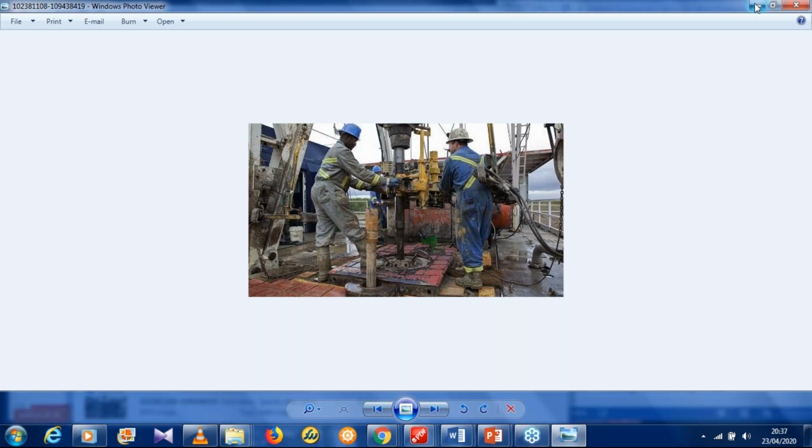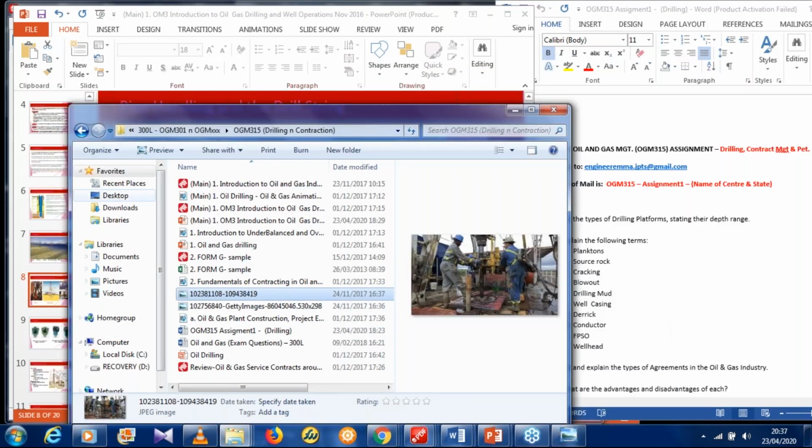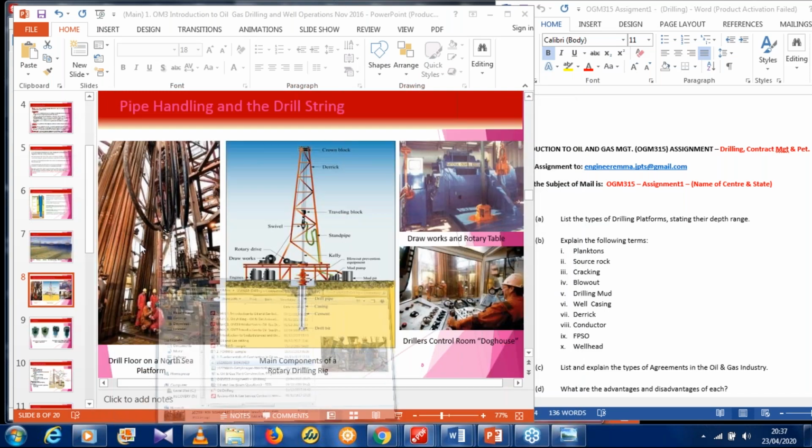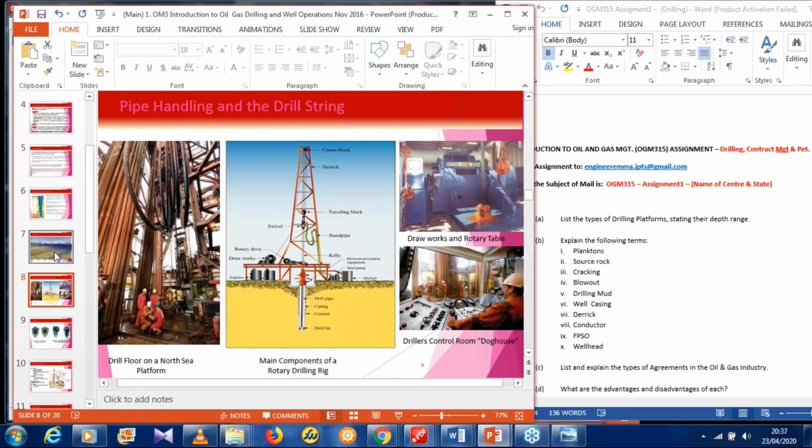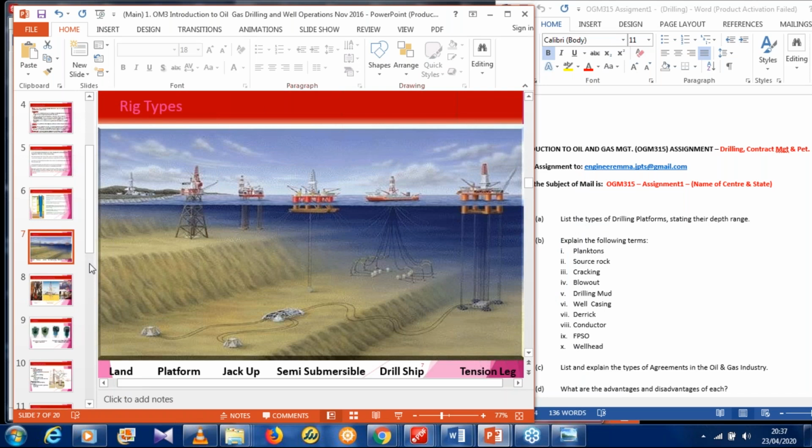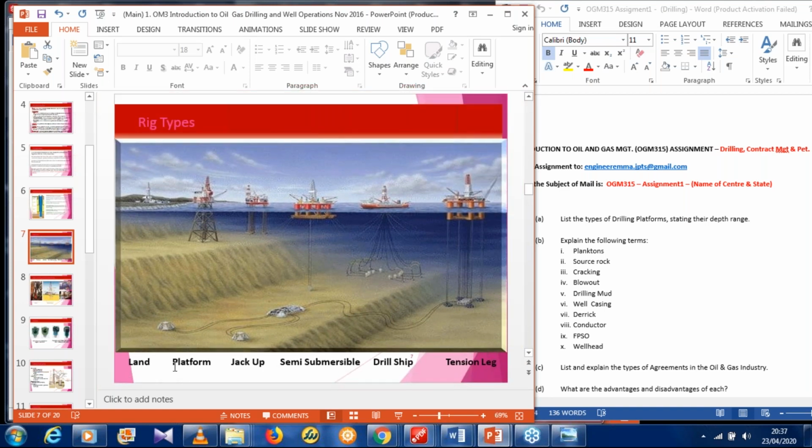All right. Now there are several types of rig. They vary in depth, in their reach, and in their uses, or the kind of location where they can be used. We have them ranging from the land rig platform, the jack up, semi-submersible, drill ships, tension legs, and the rest of them.